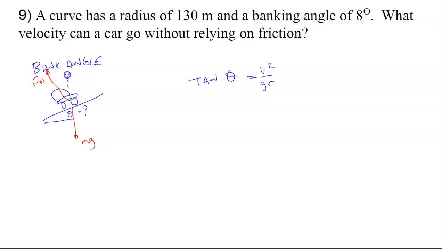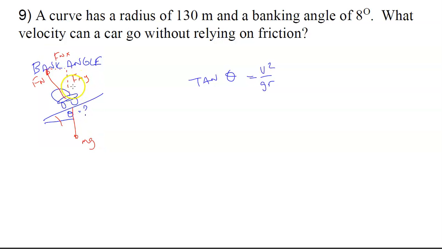That's got two components, a y component and an x component, like that. Alright? This angle down here, the tilt of the roadway, will be the same as that angle up there at the top.